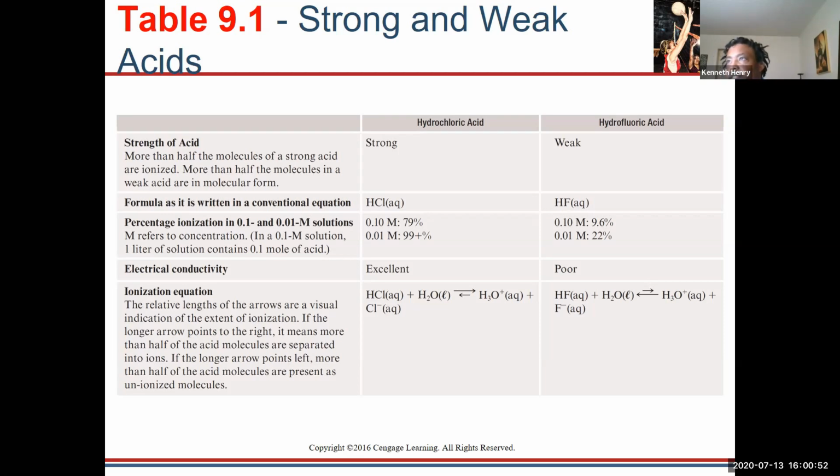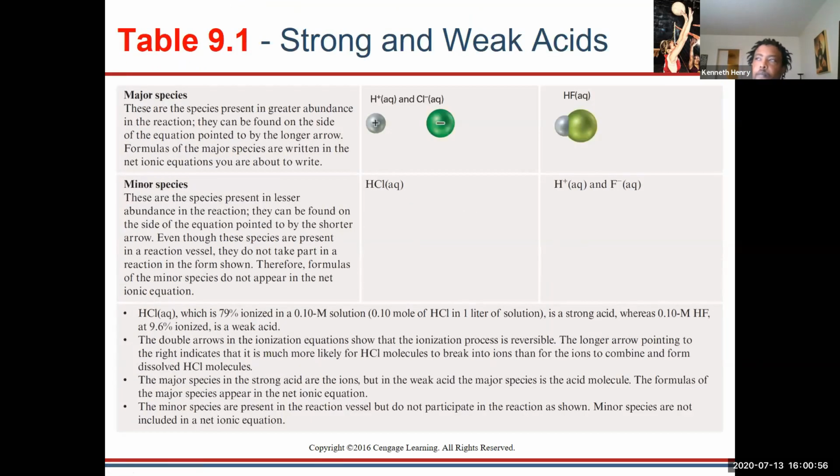Come on. They don't want you to get past this part. There you go. So the major species for hydrochloric acid is going to be the ions because everything is separated, right? The minor species is going to be the connected hydrochloric acid. The major species of the hydrofluoric acid is going to be hydrofluoric acid, right?